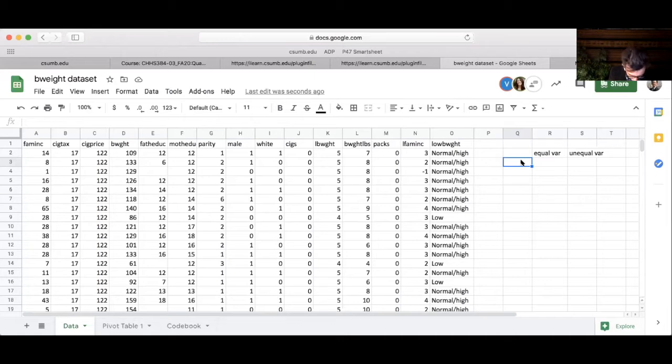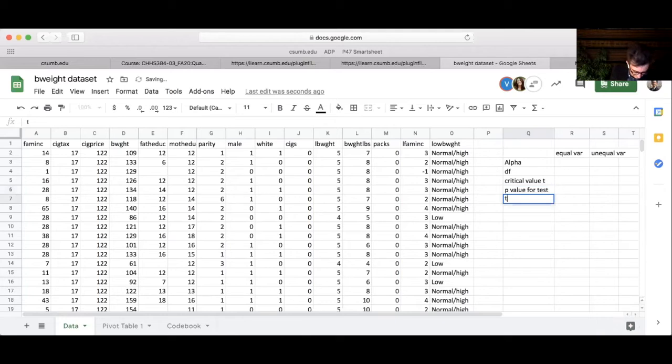No, not the N, but we're going to put the alpha that we're using for a test, the degrees of freedom, and we're going to calculate the critical value T, and then we're going to get the p-value for the test, and then we're going to get the T statistic for the test, right? And that's all we need. All right.